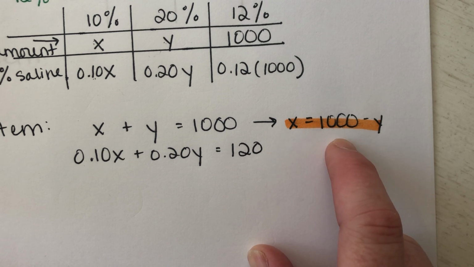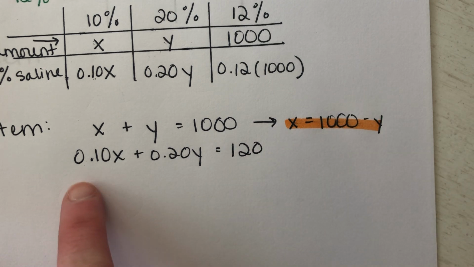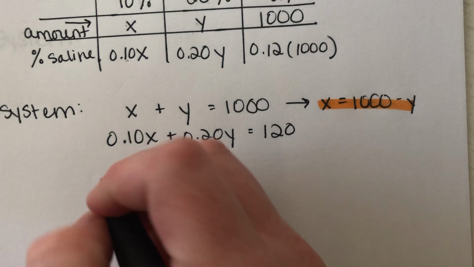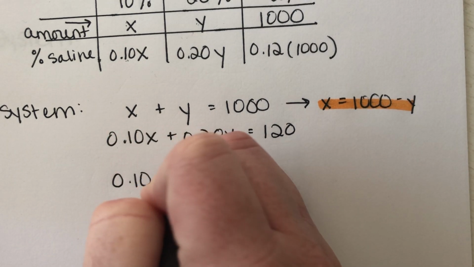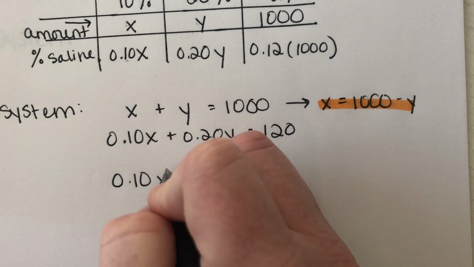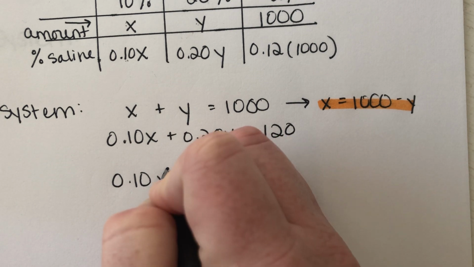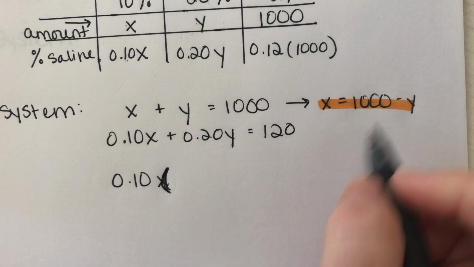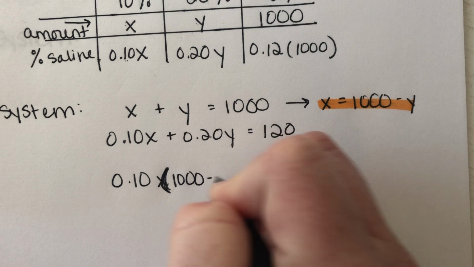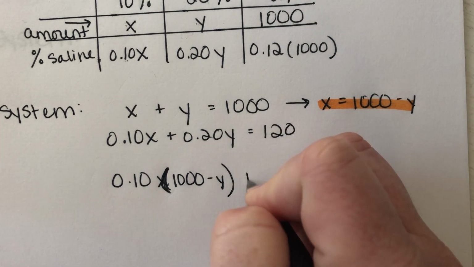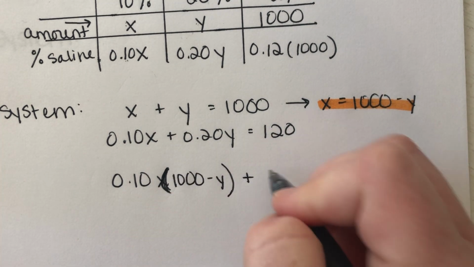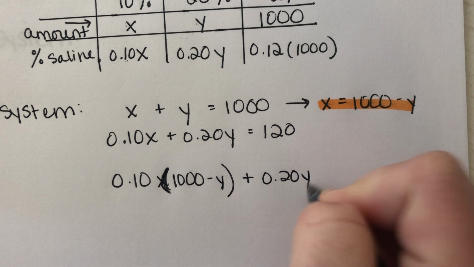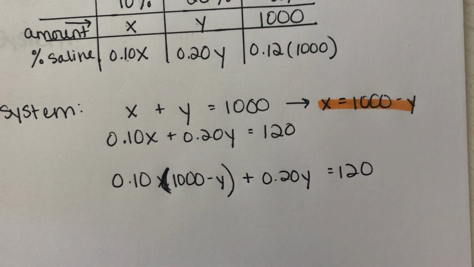X is the same thing as 1,000 minus Y. So down here, I'm going to write 0.10x. Oh, sorry, my fault. 0.10. This is what I'm replacing. 0.10 times 1,000 minus Y plus, and then just keep repeating the rest of this, 0.20y equals 120.